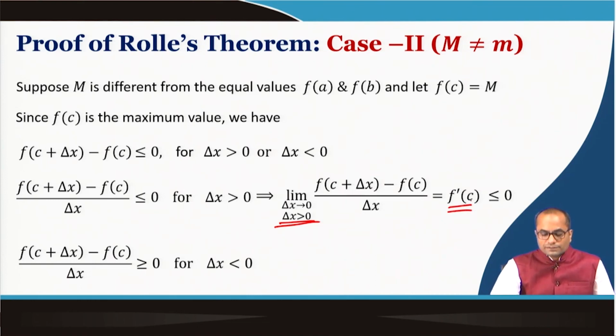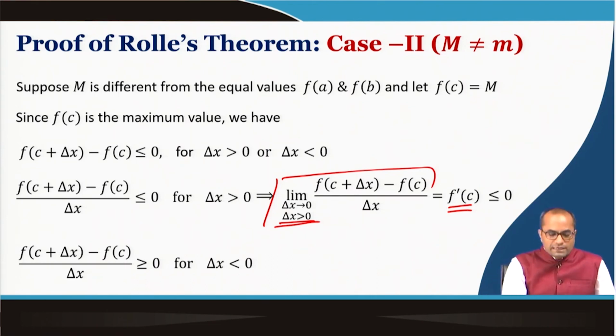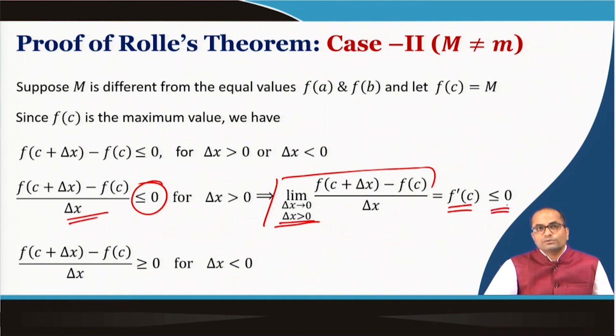Then this limit, which is basically the right hand limit, or the right derivative, but since the derivative exists, will be equal to f′(c), and we already have the sign of this quotient for all values of Δx. So, this is less than or equal to 0, which is already coming from here.